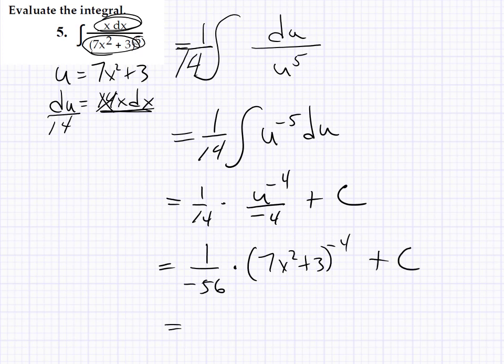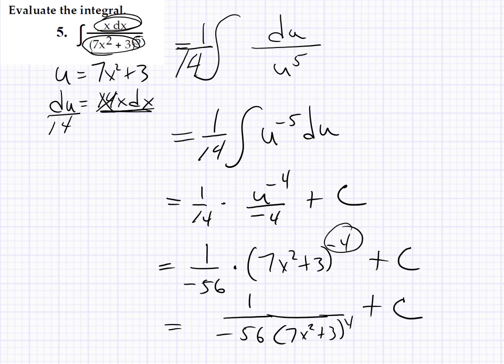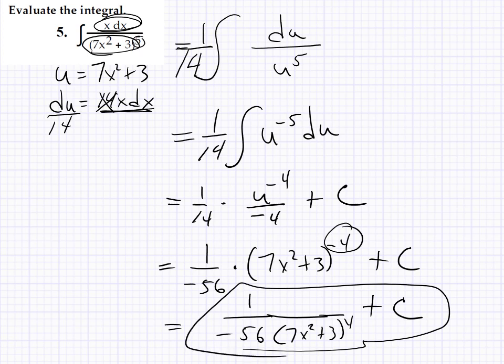If you want to go one step further, I can write this as 1 over negative 56 times 7x squared plus 3 to the 4th, all in the denominator, plus c. Being that this is a negative exponent, I really should bring it all to the denominator, and there's your answer.